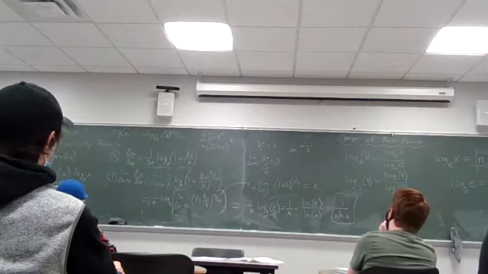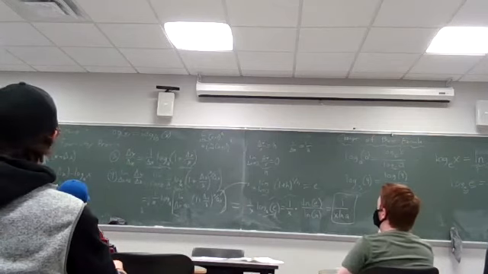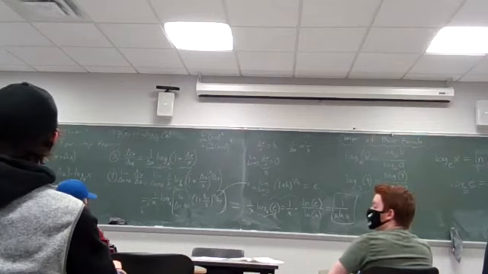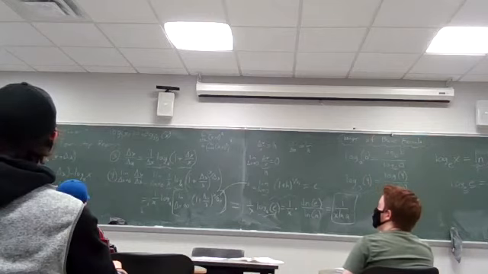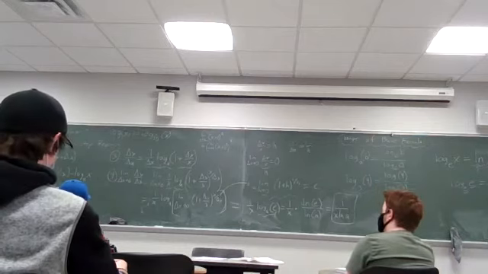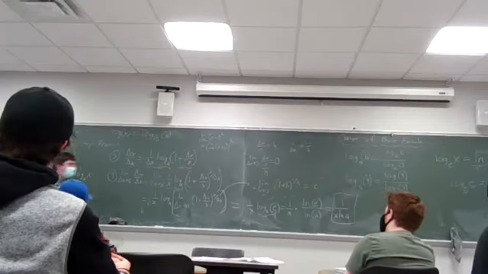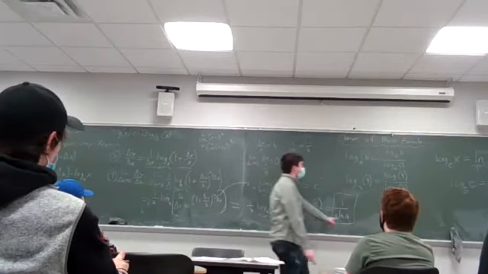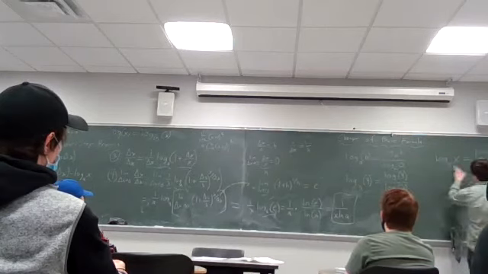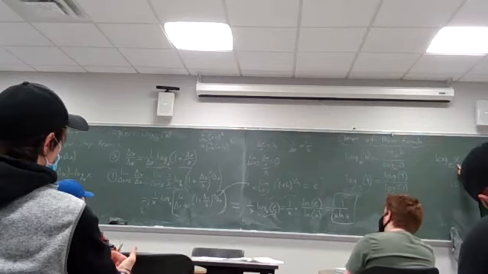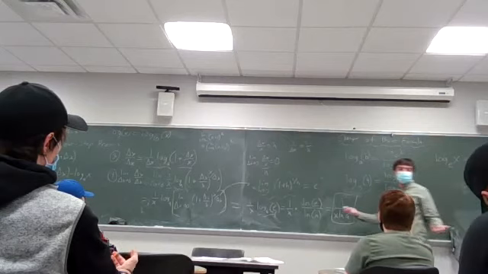Not 1, because that would make it 0, and we're dividing by 0. What is it? Remember, natural log is the same thing as log base e of x. So if we use e, yeah.